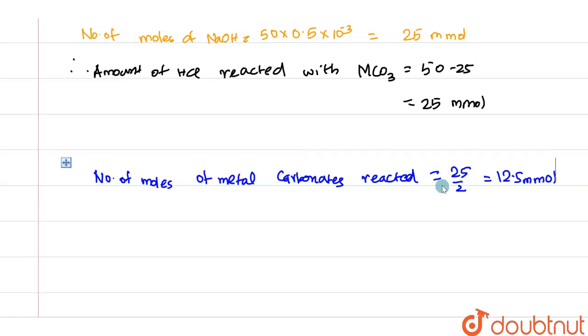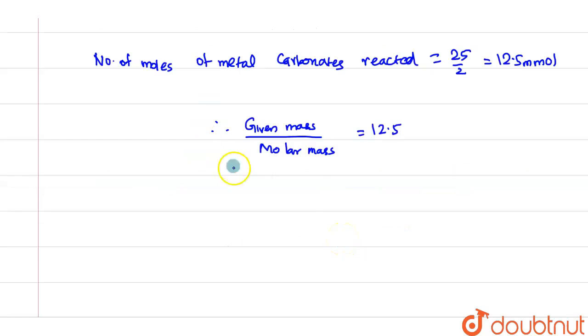If that is the case, 12.5 millimole is equal to the given mass by the molar mass of metal carbonate. The given mass is 1.25 gram. So we have 1.25 gram by the mass of metal carbonate equal to 12.5 into 10 to the power minus 3. It is in millimole, so we just multiply it by 10 to the power minus 3.